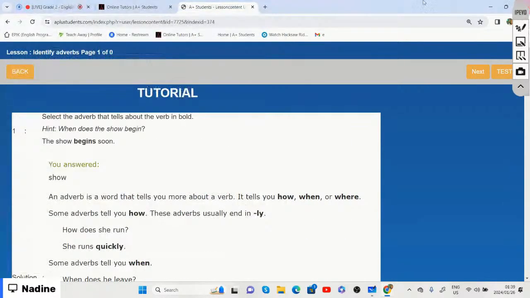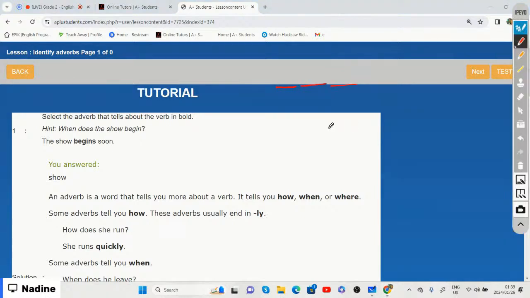So hint, when does the show begin? The show begins soon, which means that soon is our adverb.